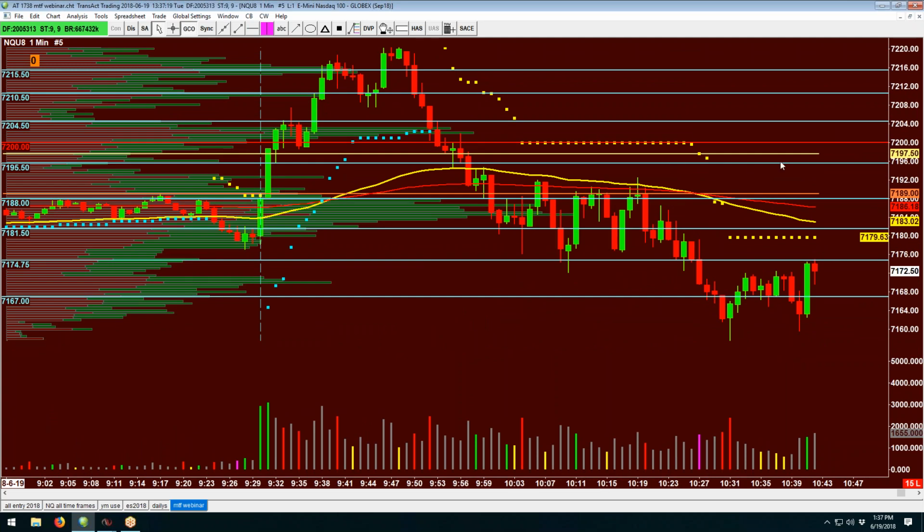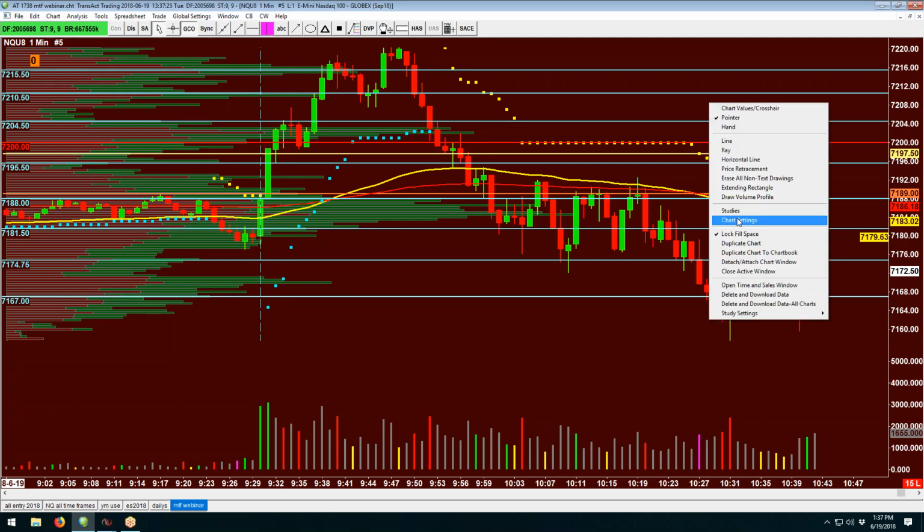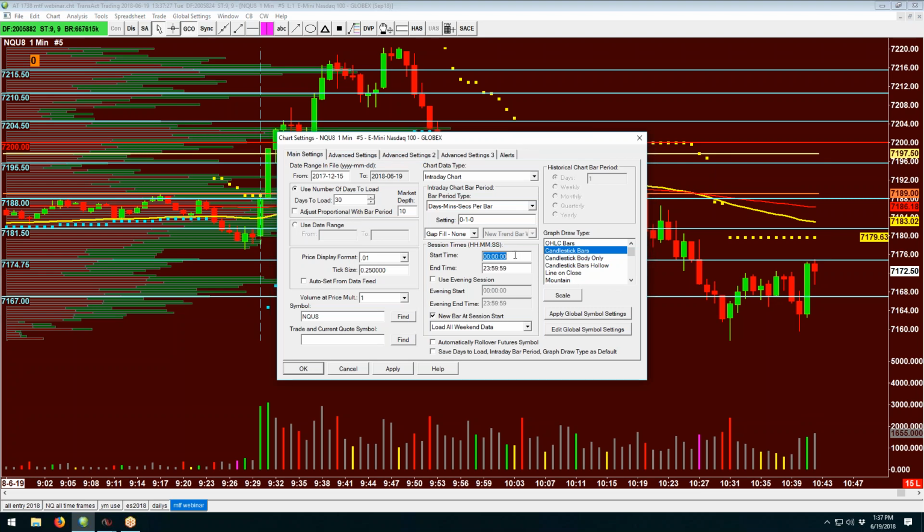You'll see I have this yellow line here. And actually I need to change the chart setting time here. I use a start time of 1800 because I want my settlement prices to match what CME has. So for me in the Eastern time zone, start of 1800 and end of 1700.